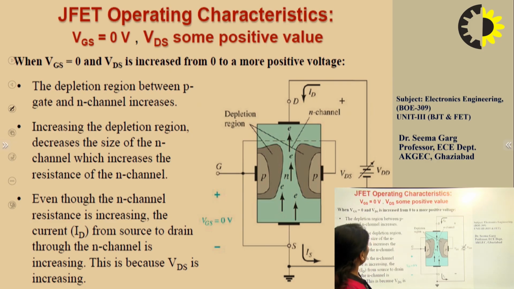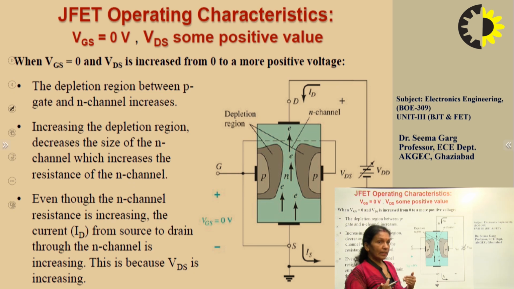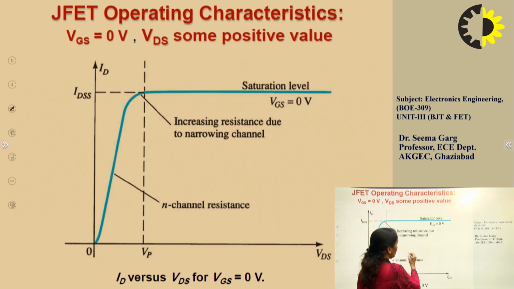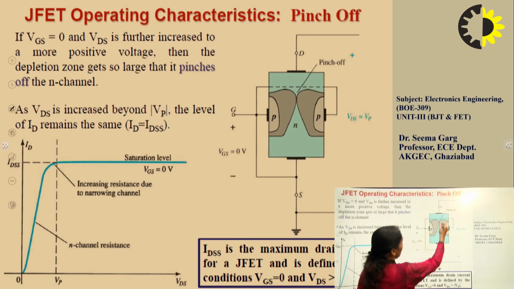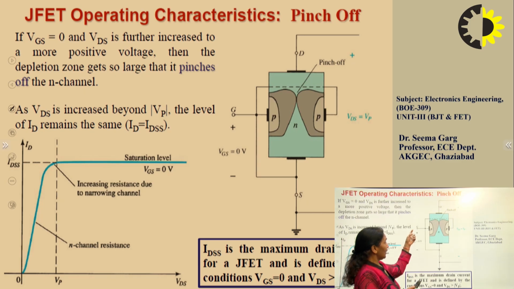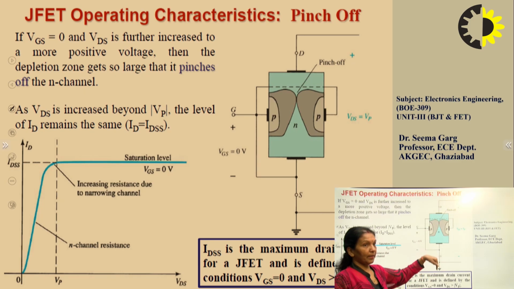Now coming to the junction field effect transistor's operating characteristics. So how does it work? As we know, we reverse bias the gate to source terminal and also we reverse bias the drain to source terminal, and that is why we have the input impedance high as well as the output impedance high.